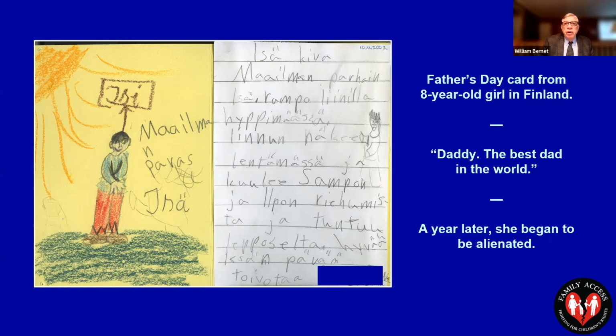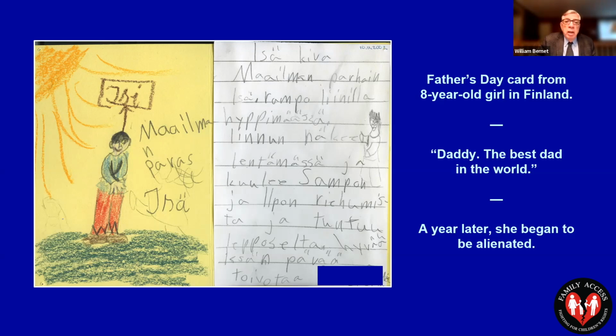And this also has a little bit of a sad story because this child became alienated a few months or I think a year later. So it is kind of important to understand that these children in the beginning can do these little drawings and other things that would basically be interpreted as normal artwork with a normal relationship with the parent, but that later, a few months or a year later, the same child is alienated from the parent.